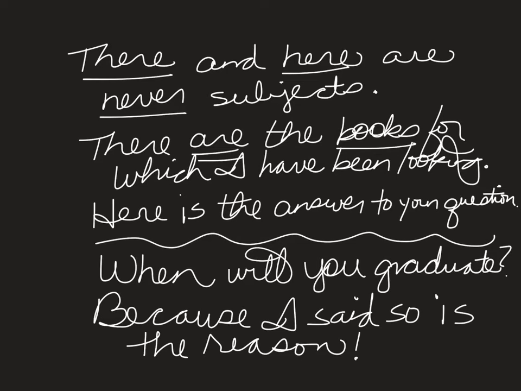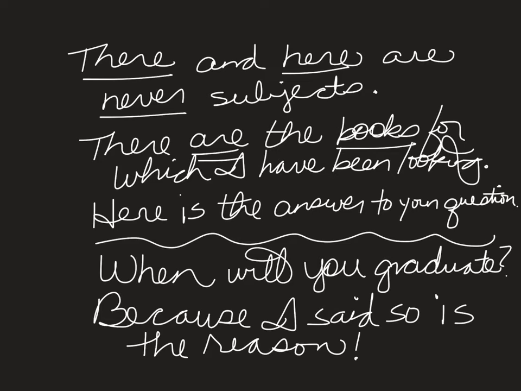Therefore, if a sentence starts with the word there or here, try to, if you can, mentally reorder your sentence, because in almost all of these sentences that start with there and here, you're going to have your verb before your subject. So flip the order of the sentence around in such a case to try to find your true subject if you have any trouble.